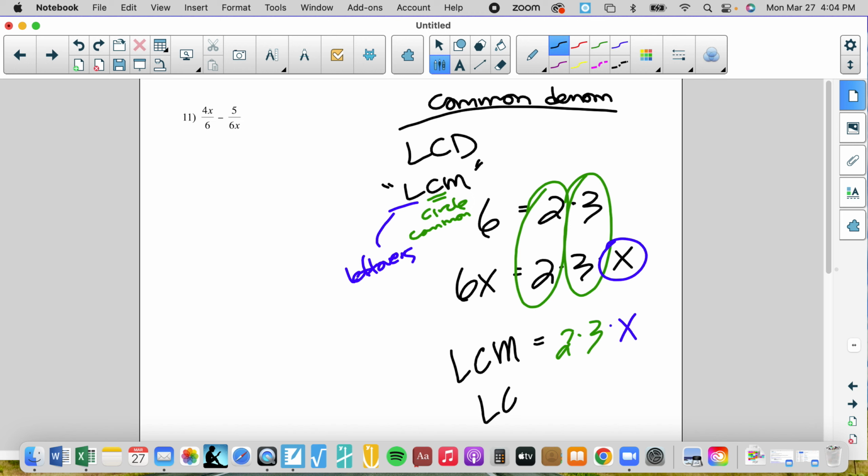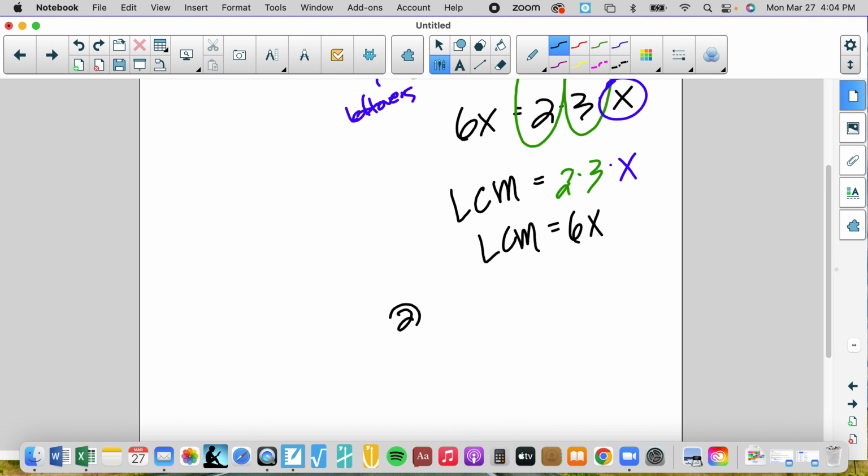So my LCM is going to be 6x. Now, I know what my common denominator is, so this is step 1. Step 2 now is find equivalencies.